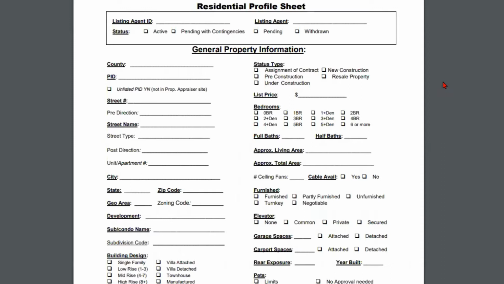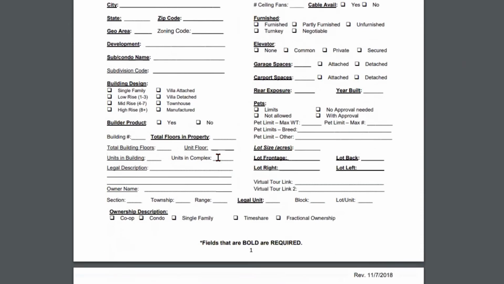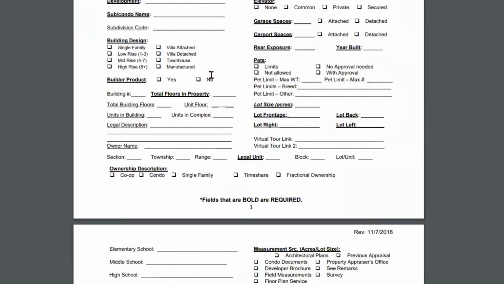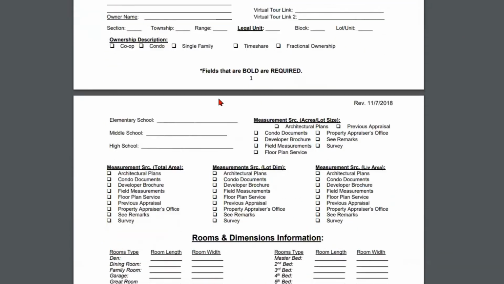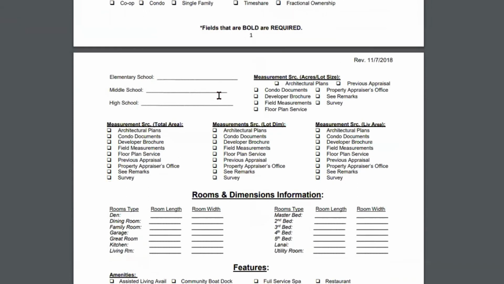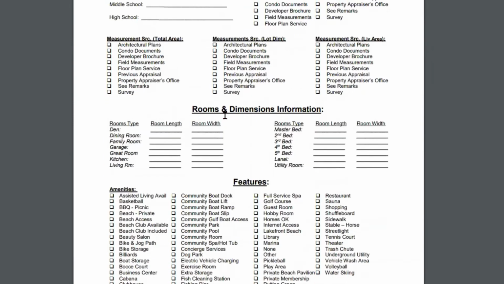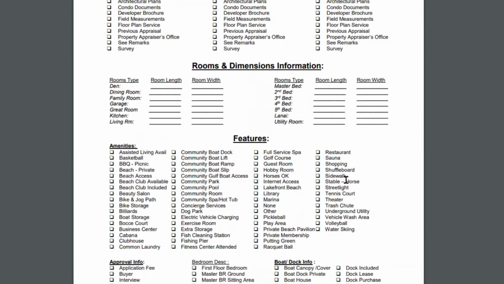Features and a lot of other information is not automatically entered, and that's where this form will really come in handy, because aside from worrying about entering the property ID number and all of that information on this form, if you scroll through this form, it's going to allow you to see all of the questions that you're going to be asked when you're entering this listing. So you'll see all of the features that are available.